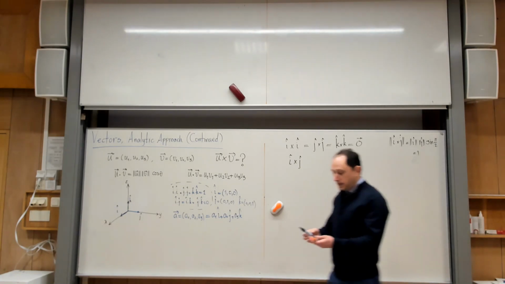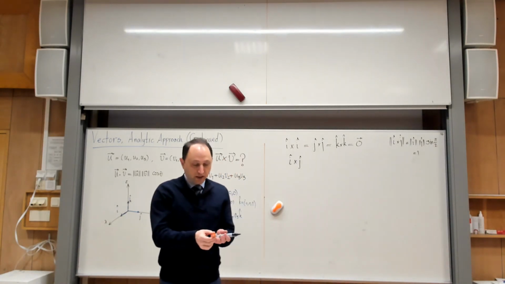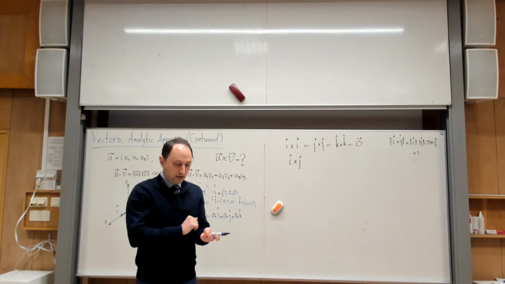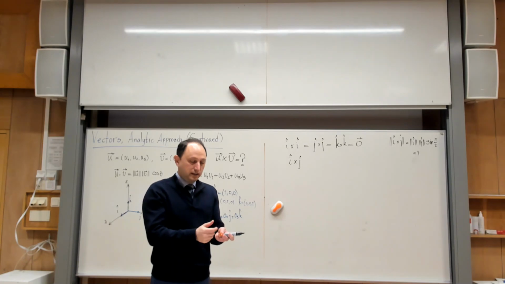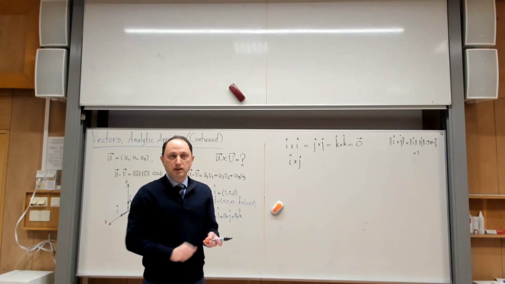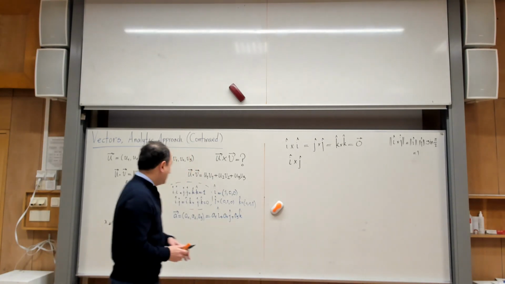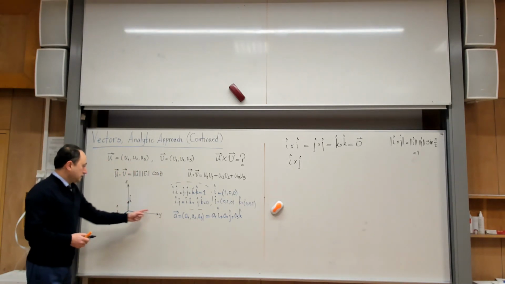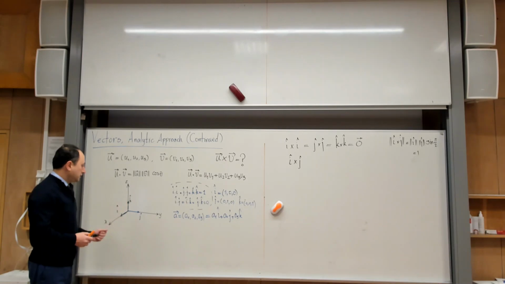So this vector i cross j is perpendicular to the ground level, it is pointing upward, and its length is 1 unit. And what is the property of k? k is perpendicular to the ground level, pointing upwards, and has unit length.